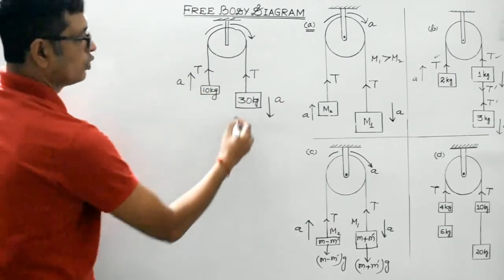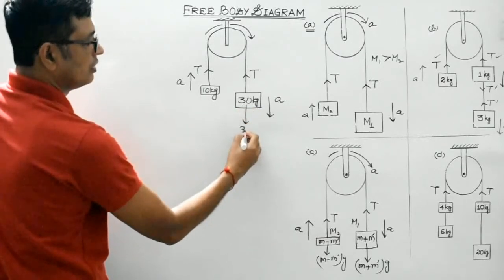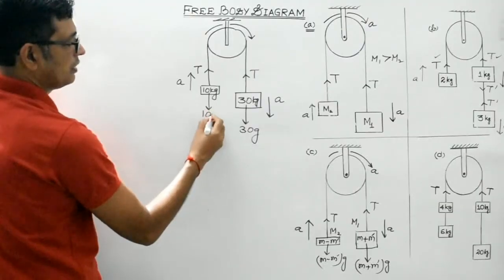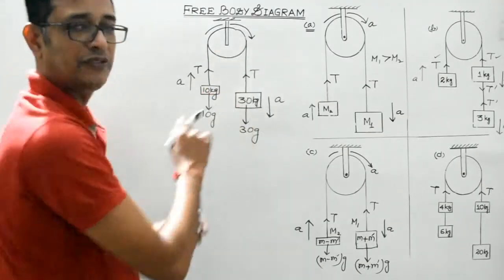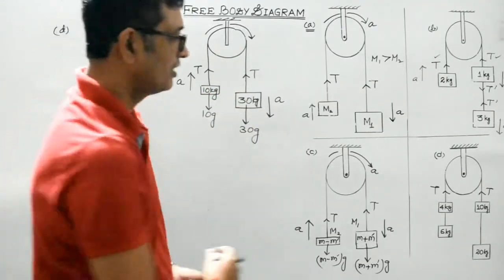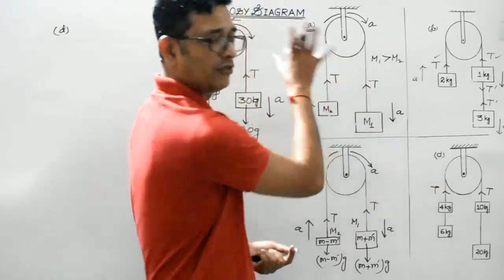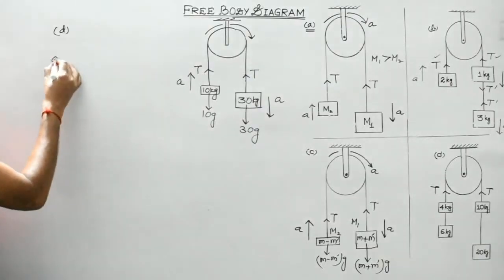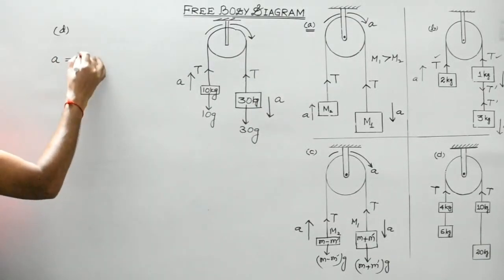Right? So what will be the force acting over here? 30g. Over here the weight would be 10g. Right? No need to draw the free body diagram over here. Since it has been reduced to this form, we can make use of the formulas directly.